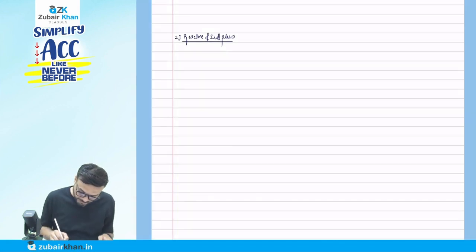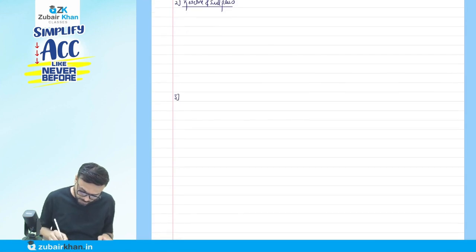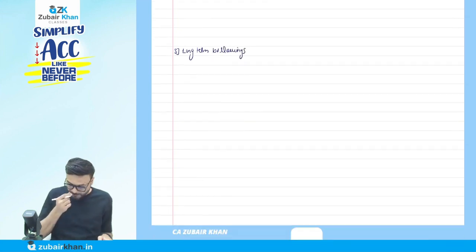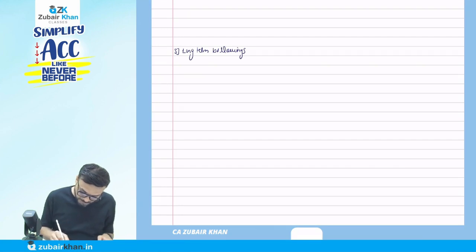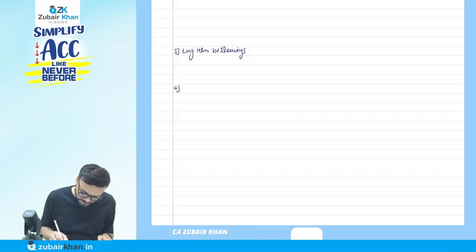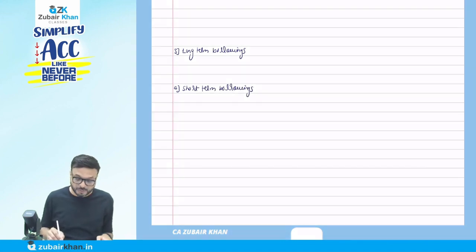Then third, long-term borrowings. Keep the space of 2, 3 lines only. Fourth is short-term borrowings. Keep the space of 2, 3 lines.